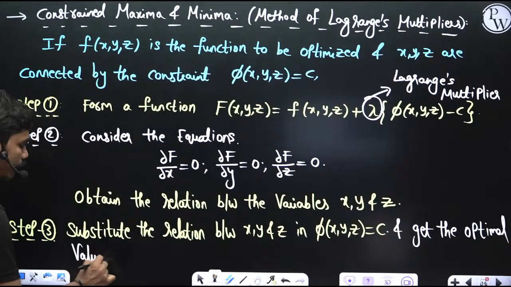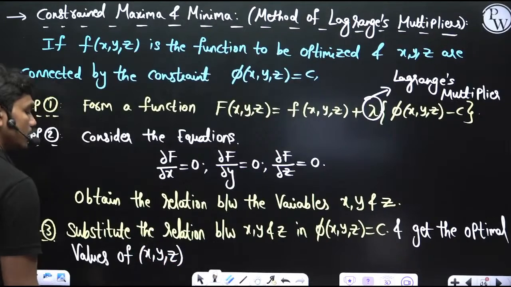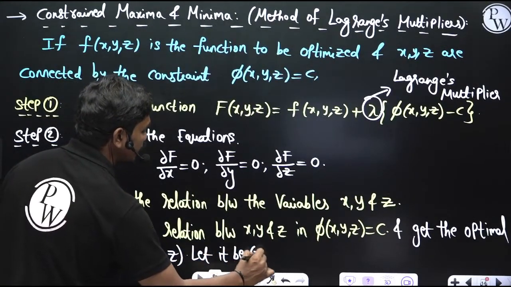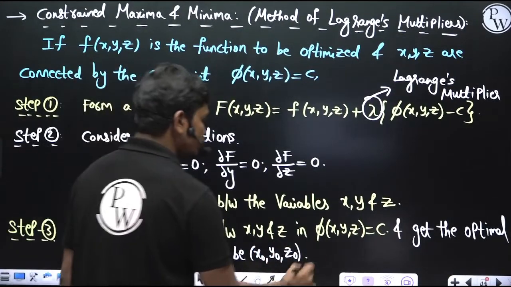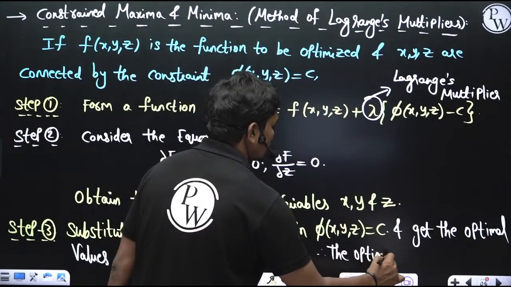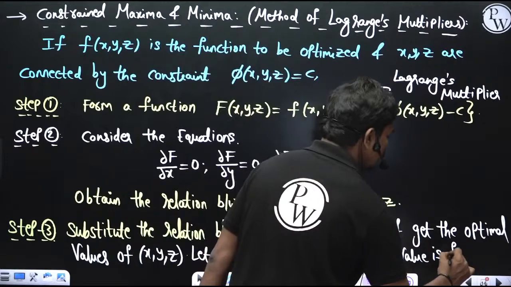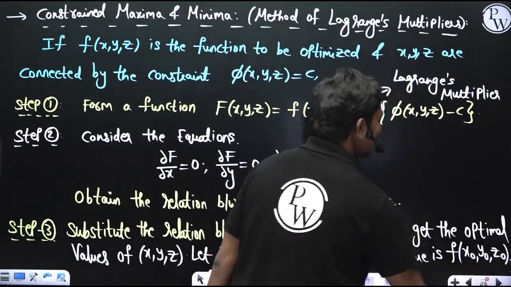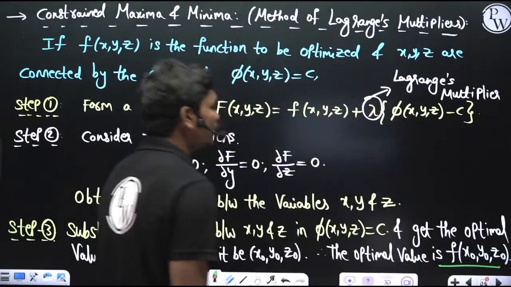Let it be x naught, y naught, z naught. So this tells you the optimal value is f of x naught, y naught, and z naught, obviously.